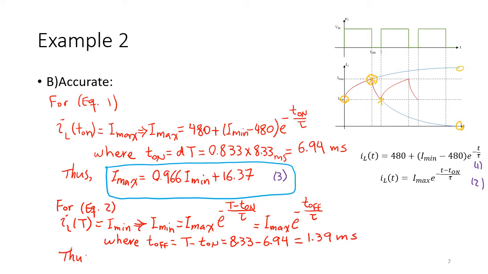Thus, I min will be equal to 0.933 I max. Let's call this equation 4. Any question here?